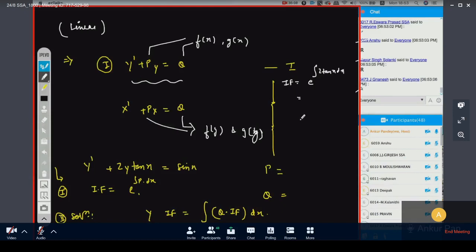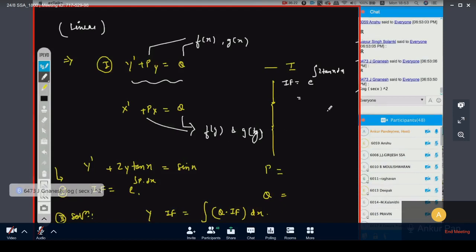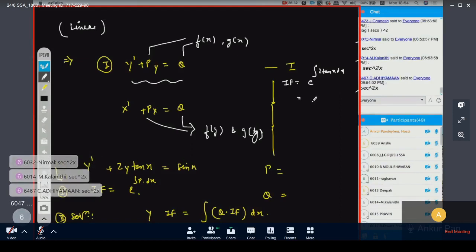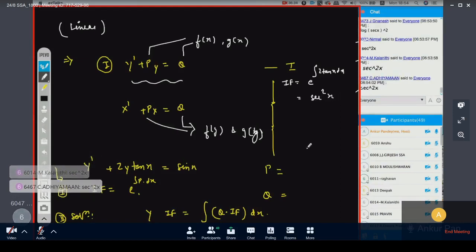Clear? Very good. Secant square x. Okay.